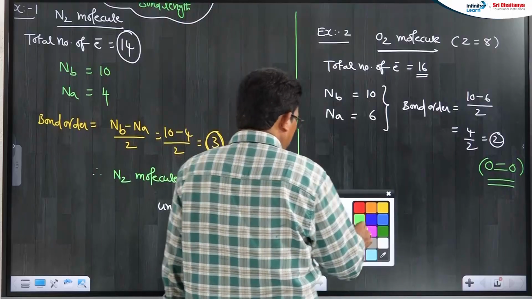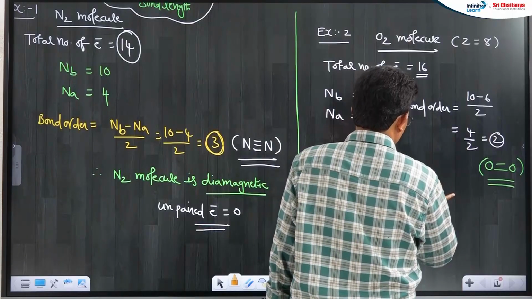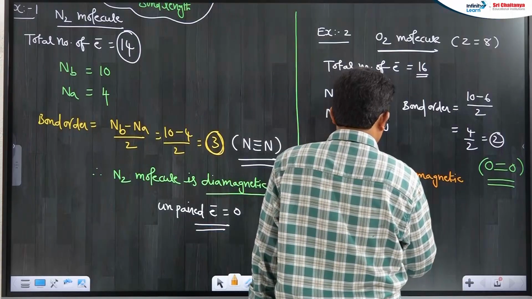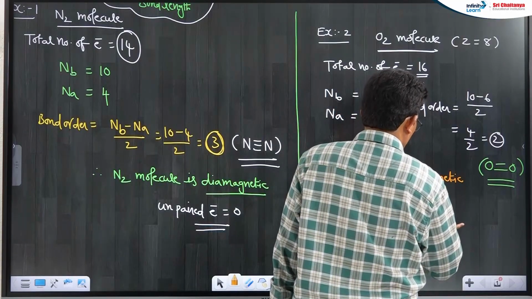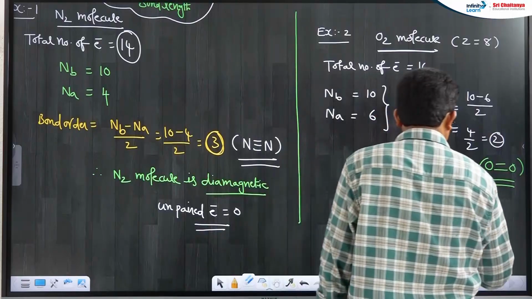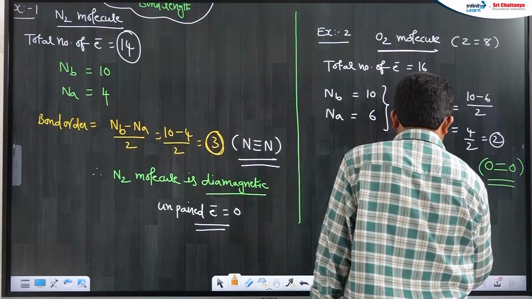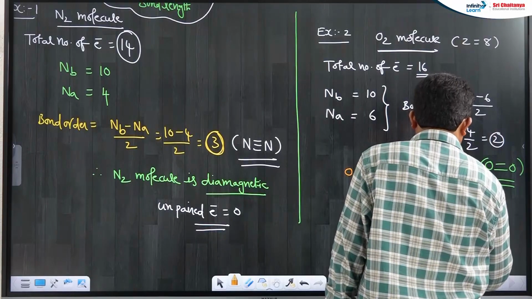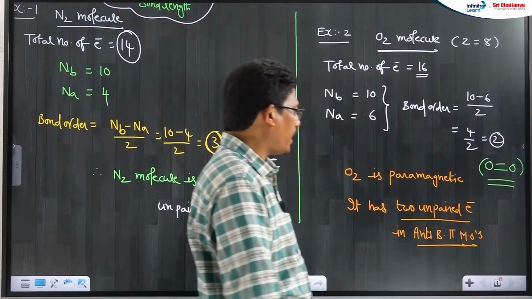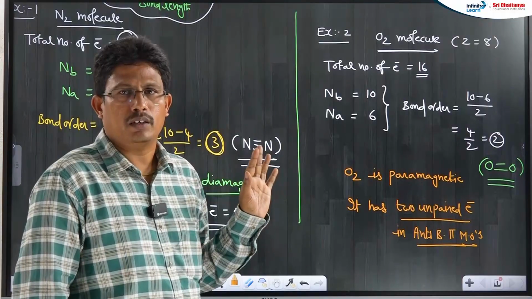So, O2 is paramagnetic because it has two unpaired electrons in anti-bonding pi molecular orbitals. Okay, these are most important.